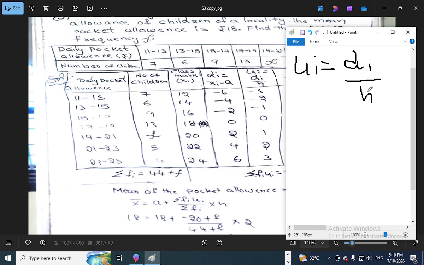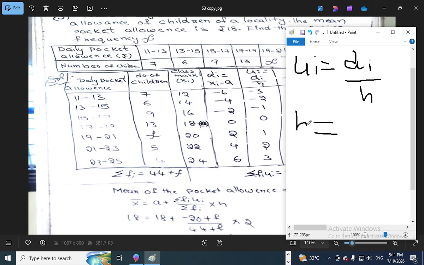Here h is the height of the class and di is the deviation between the class and assumed mean.